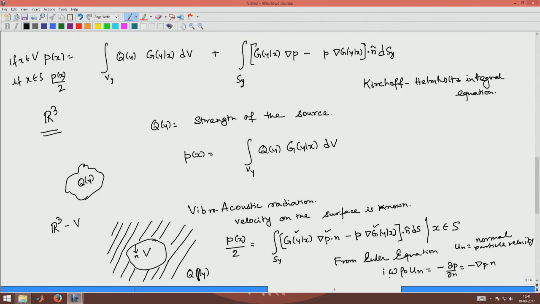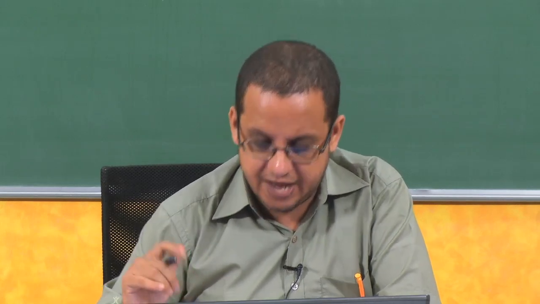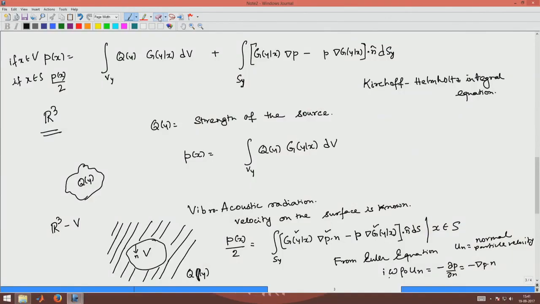So, despite being a 3-dimensional problem, this shaded region is the 3-dimensional region excluding this volume V. It is definitely a 3-dimensional region, but because of the form of the Kirchhoff-Helmholtz integral equation which we have seen, and because there are no sources within the region of our interest, q(y) has gone 0.